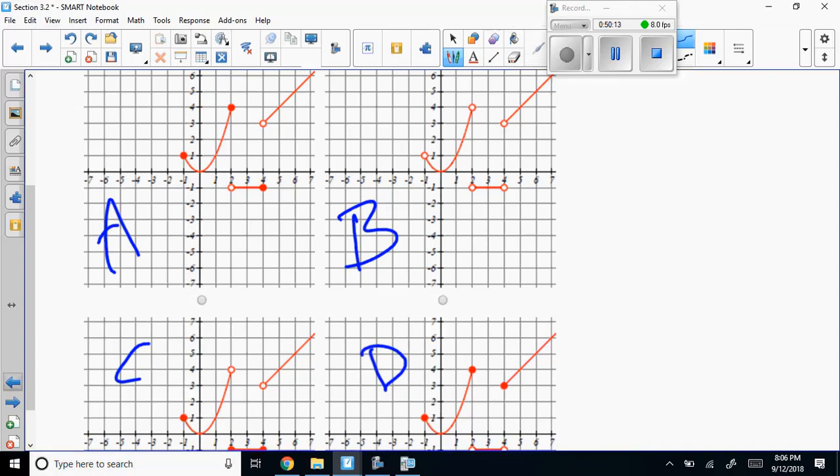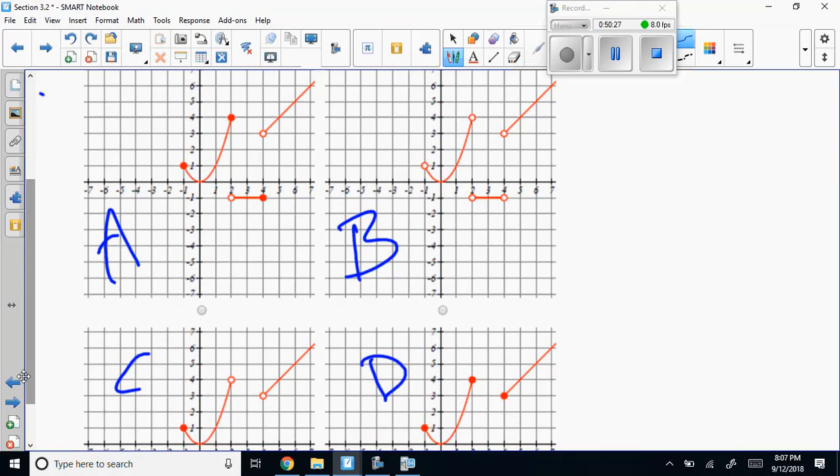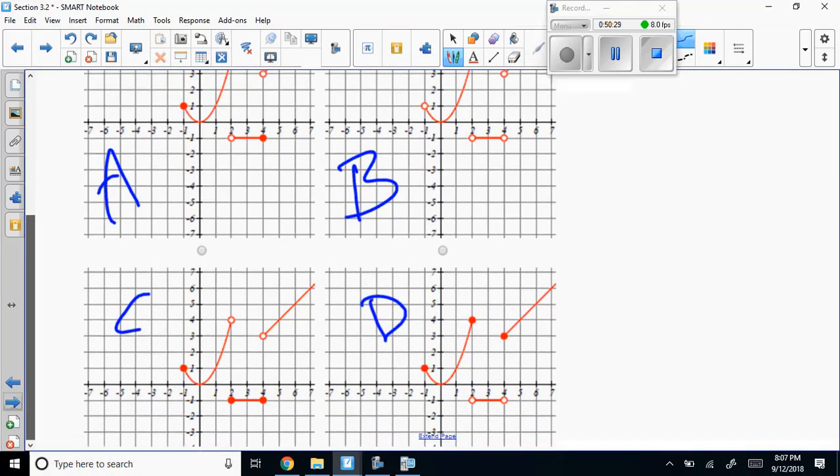So D and A right now. For -1, that's a horizontal line at -1, right? 2 is an open, 4 is a closed. So A has it, but does D have it? It does too, but look at 4. 4 is open down here, right? So therefore, it disqualifies D.